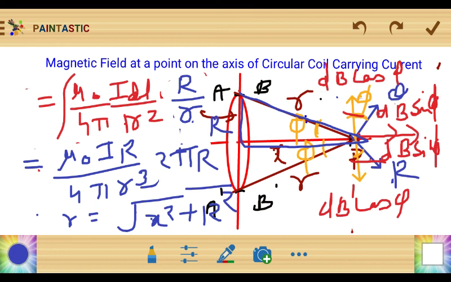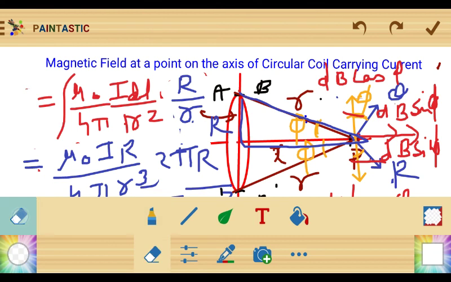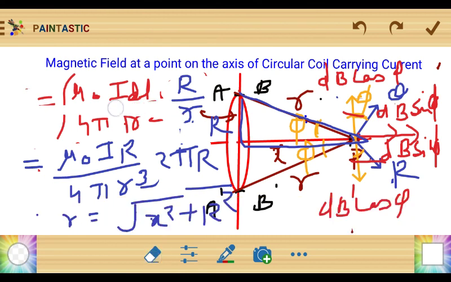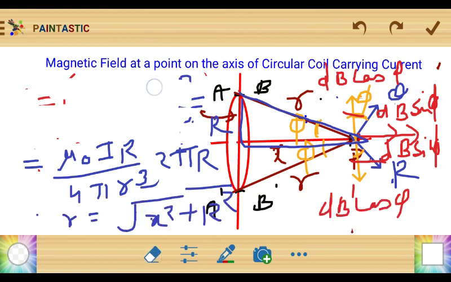By using that we can replace this small r.